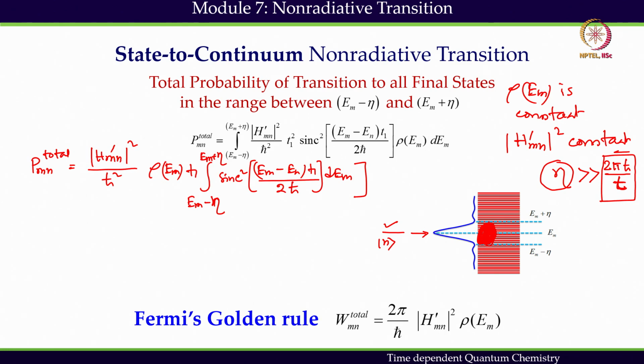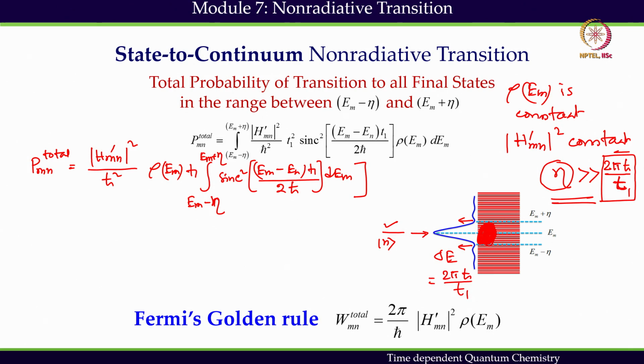So, this condition suggests that the available number of states is significantly greater than the required final states within this energy bandwidth. So, this bandwidth, which is plus minus this delta E value, is given by 2 pi h-cut by T1.